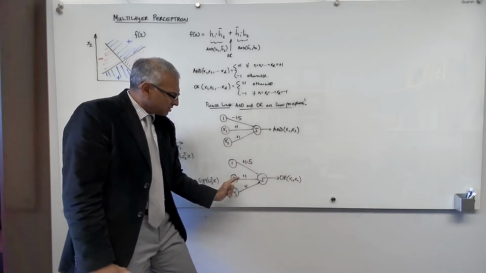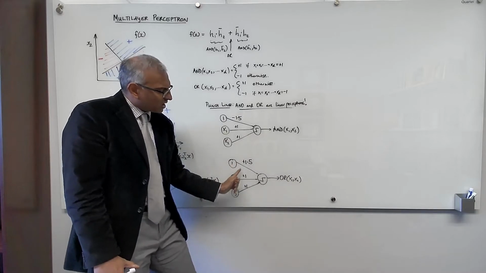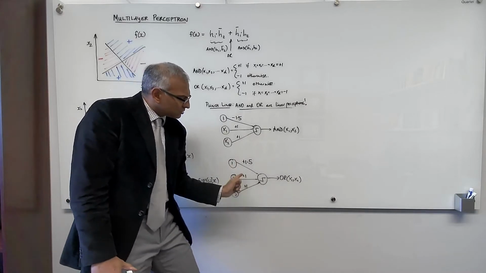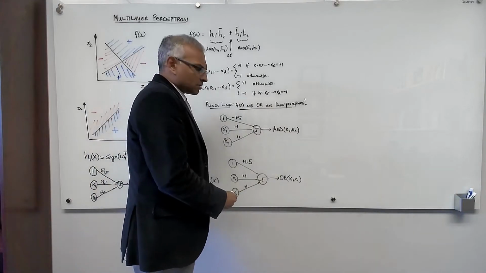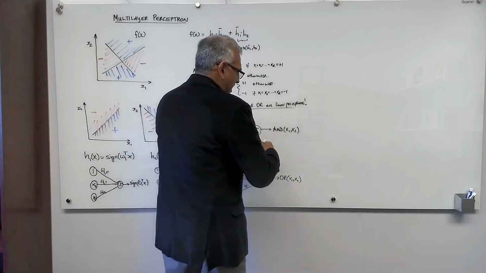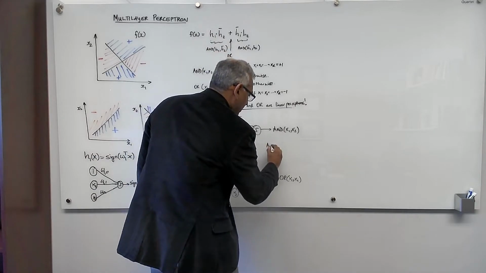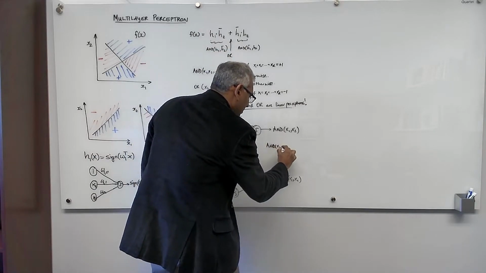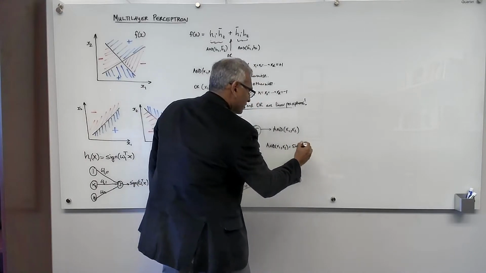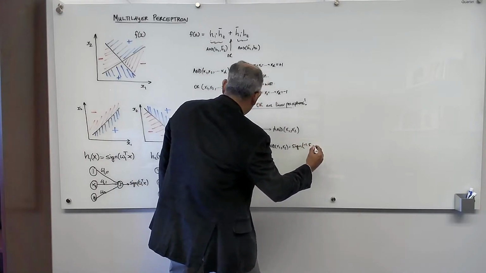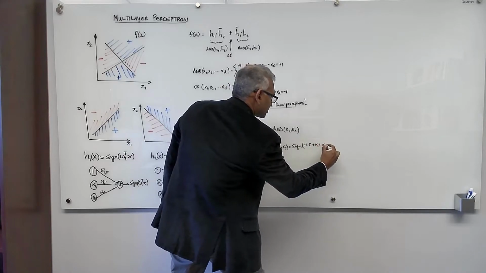In all other situations, this plus 1.5 can counteract what's going on here, so that what's feeding into this sign is +1. So if we wanted a mathematical prescription, AND of x1 and x2 is exactly the sign of -1.5 plus x1 plus x2.